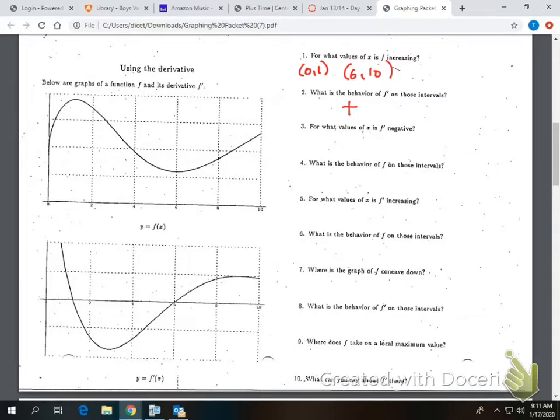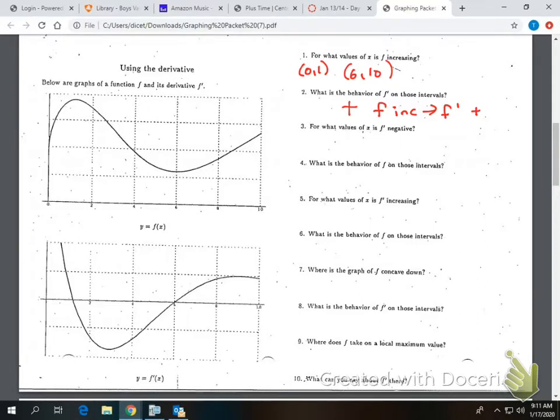We already know this, but let's conclude it. When F is increasing, what do we know about F prime? F prime is positive. In the same way, if the derivative is positive, the original function is increasing.